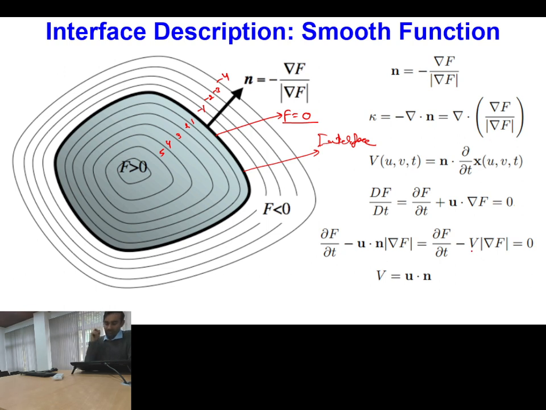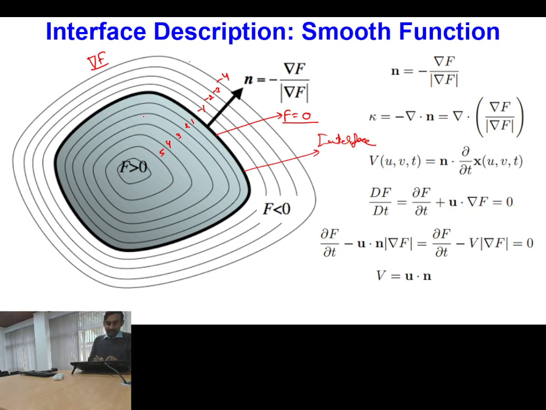Now, if this is equal to 0, then you can calculate the gradient of the function at each and every point, because this is a smooth continuous function. So the value of the gradient will be known at each and every point.